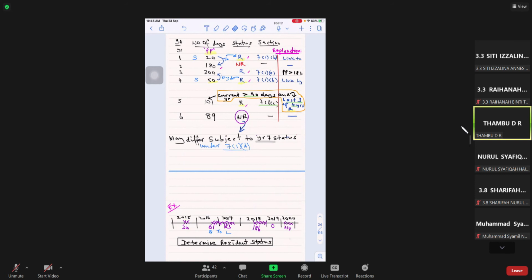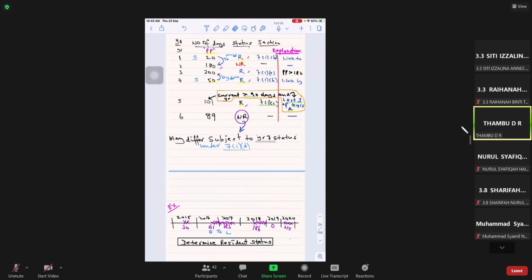Sometimes it is possible to have more than one section. Section A pun boleh, kadang-kadang A, B ataupun A, C. More than one section pun boleh. So if you can get answers based on one or more section, you take the one which is the earlier one. If you get A, forget the rest.